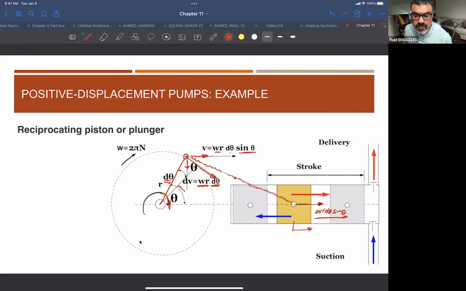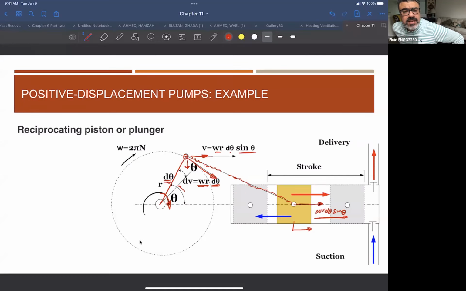Which means that if the piston is pushing fluid, but every time the velocity is changing, that means the flow rate going out is changing, right? Which means that we are expecting for a positive displacement pump, like a piston pump, to have this kinematics.